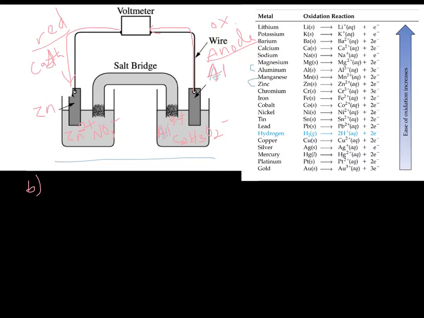So for oxidation happening at the anode, I'm starting with aluminum metal. It's a solid. It's going to be giving away its electrons to form Al 3+ in solution. I know 3+ because aluminum is going to form a 3+ charge in solution. That's aqueous. And it did that by giving away 3 electrons.